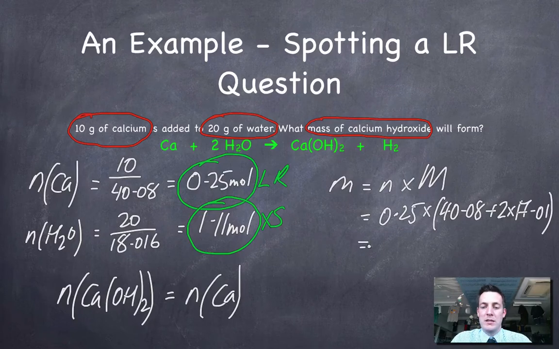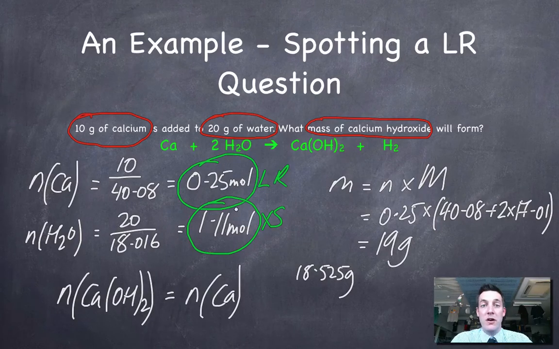And if we plug that sum into our calculator, we find that that's 19 grams. And again, that's two significant figures. I actually got an answer of 18.525 later, but I'm rounding that to two significant figures because my data is to two significant figures.